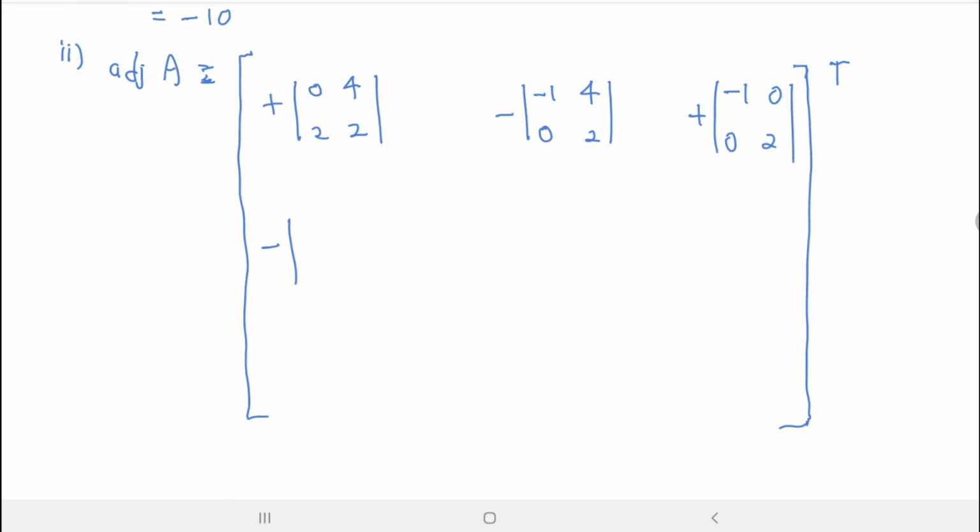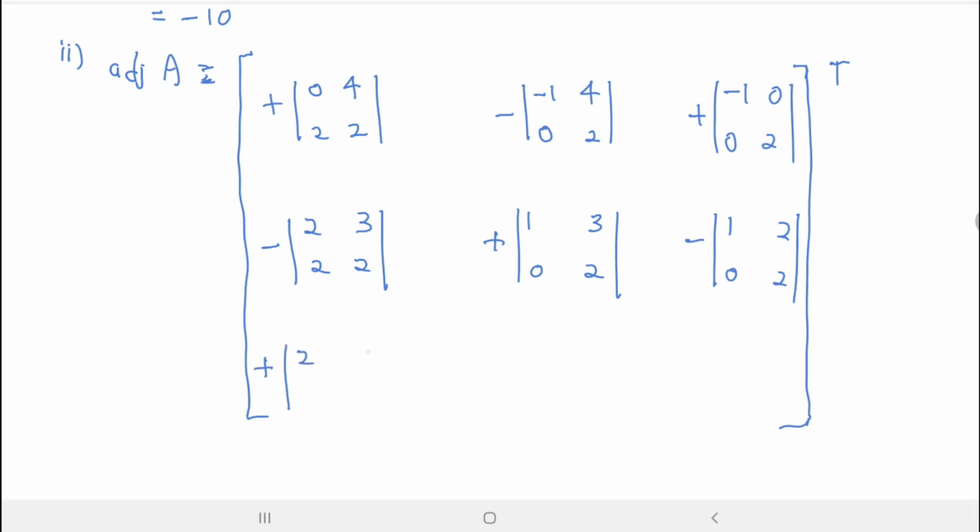For the second row, negative 2, 3, 2, 2, plus 1, 3, 0, 2, and negative 1, 2, 0, 2. And for the third row, plus 2, 3, 0, 4, minus 1, 3, negative 1, 4, and plus 1, 2, negative 1, 0.